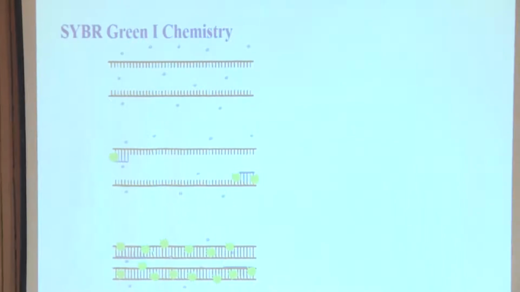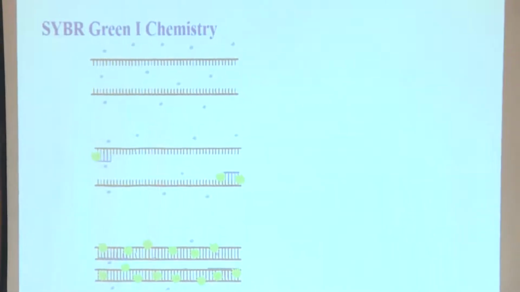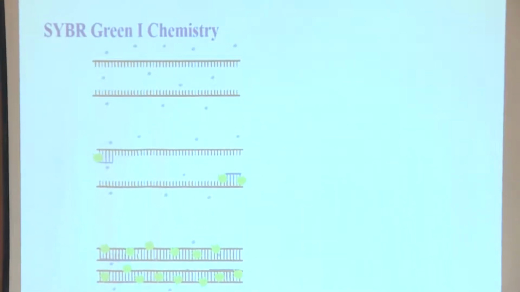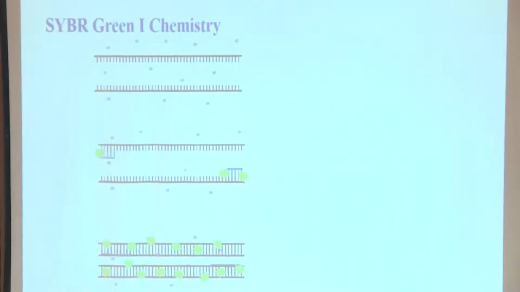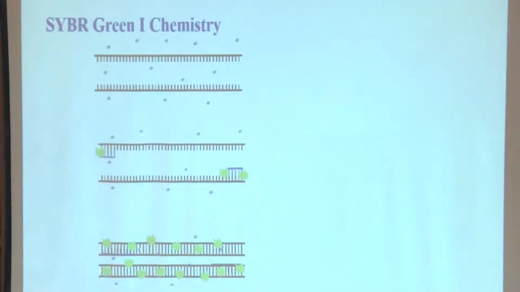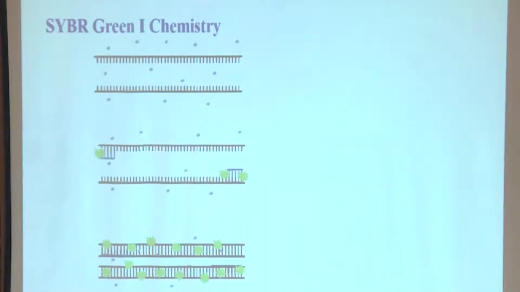You added everything: template, primer, dNTPs, magnesium, buffer, maybe other additives. Sometimes people use BSA, DMSO for some difficult amplification regions. We add all these things, plus the dye.